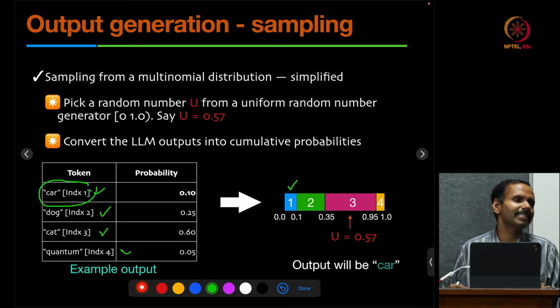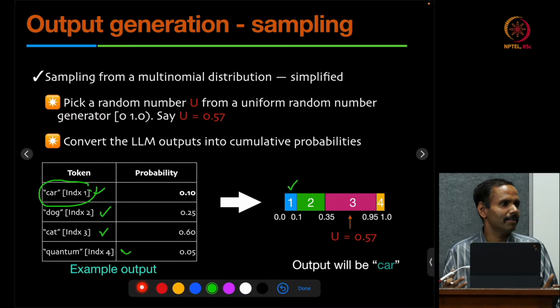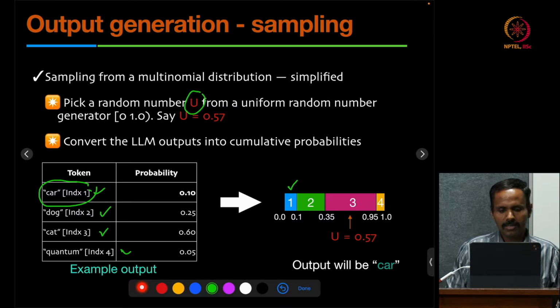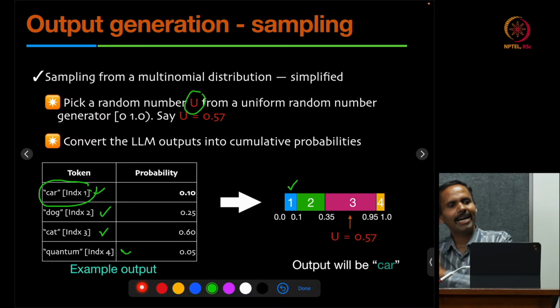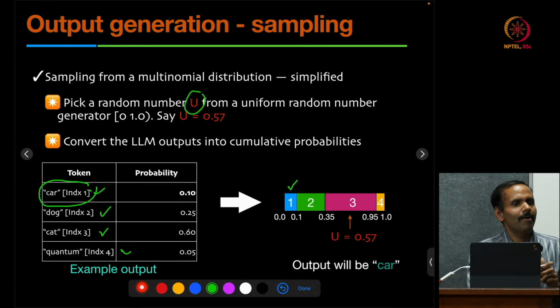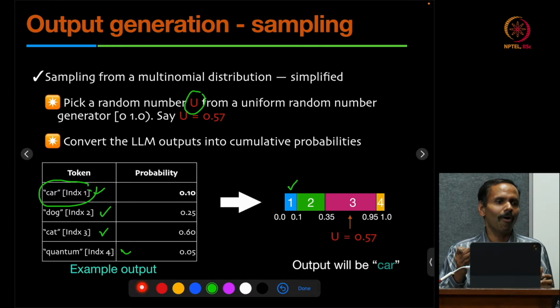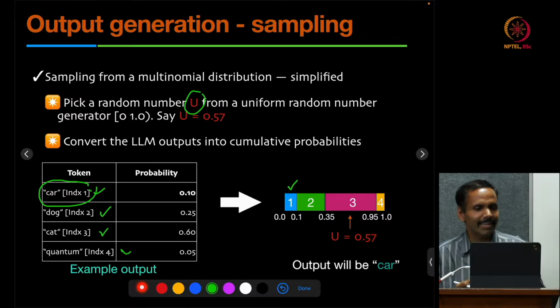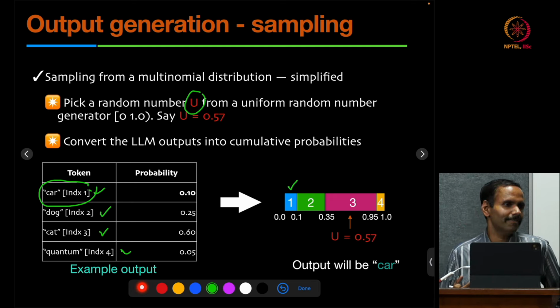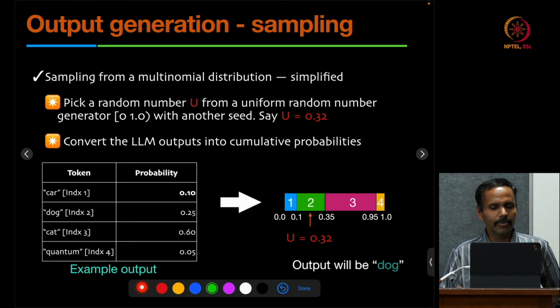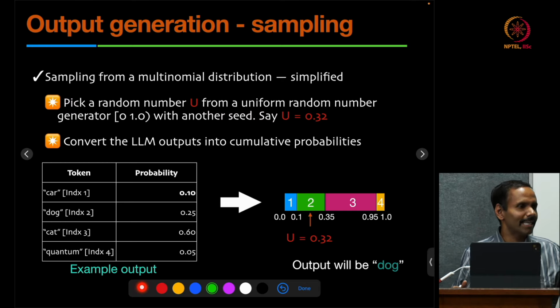Now what you do is generate a simple uniform random number between 0 and 1, call it u, and whichever bucket it falls in, that is the class you decide on, right. If I take u equal to 0.57, it lies in the bucket of the third entry, which means cat is going to be the output. Now you say regenerate. I generate another random number.